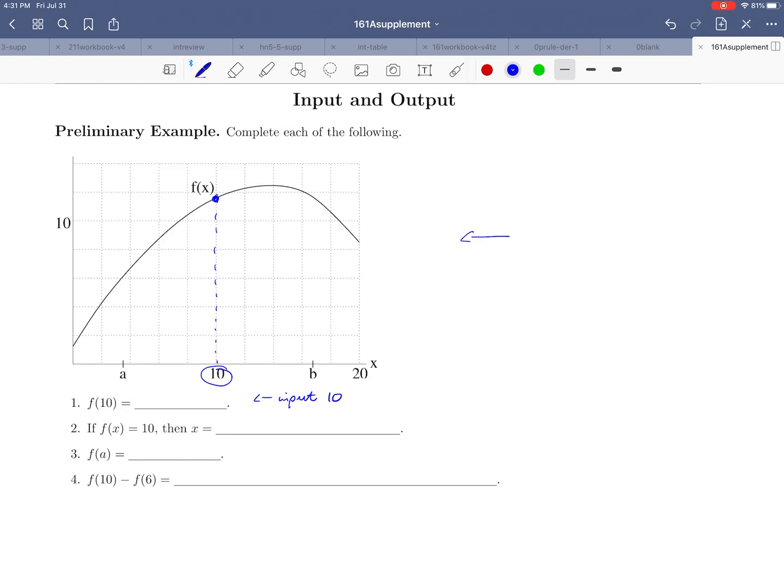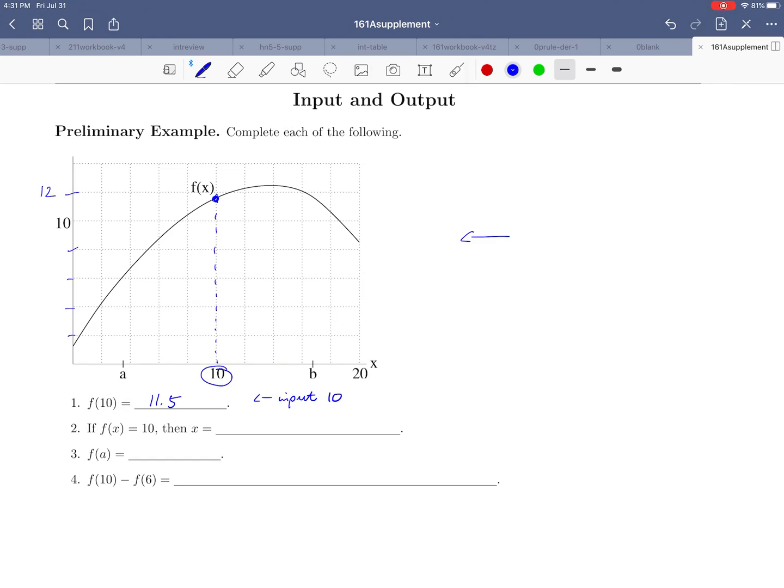It's a little bit hard to see, but if each tick mark is 2, this would be 12. It's a little bit more than halfway, so that's about 11.5. So when the input is 10, the output is about 11.5.